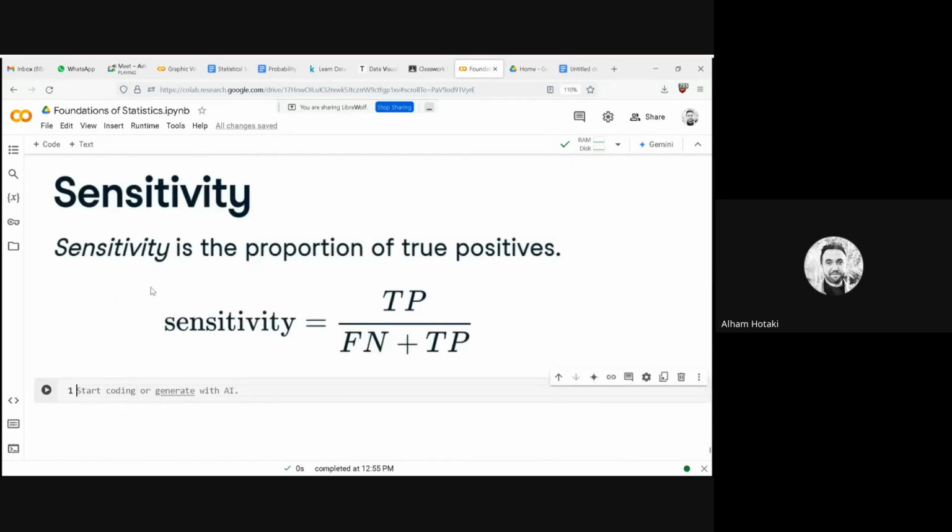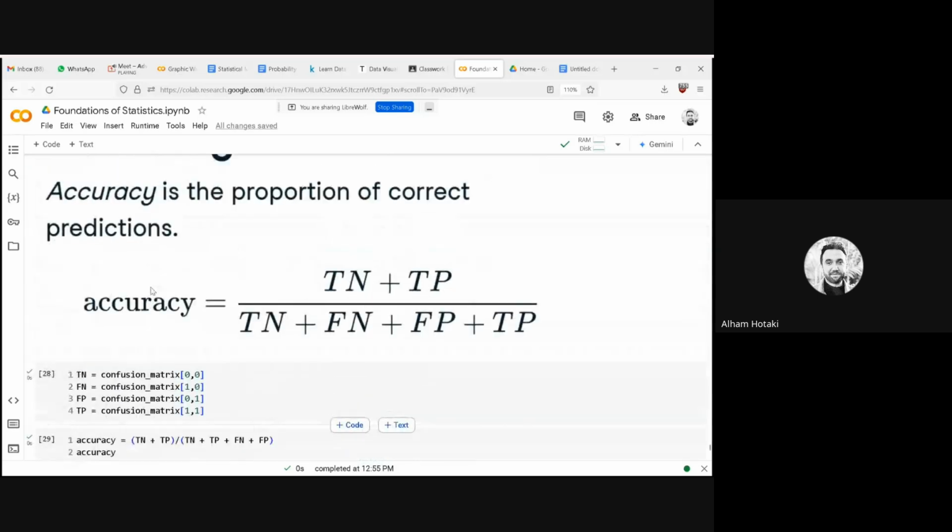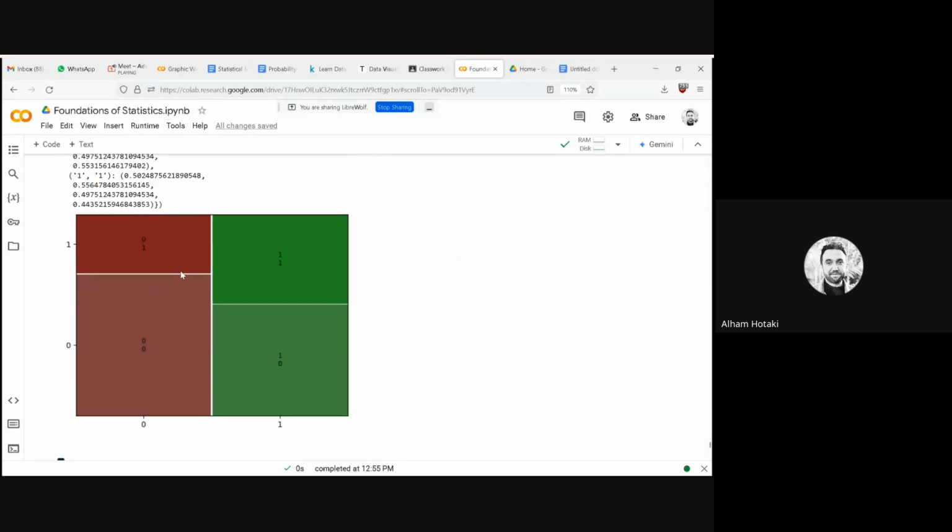What is the sensitivity? Sometimes models, for example, look at these ones. Now this is the true negatives, and this is the true positives. But sometimes models are very good in one category, and this is why the accuracy of models gets increased.